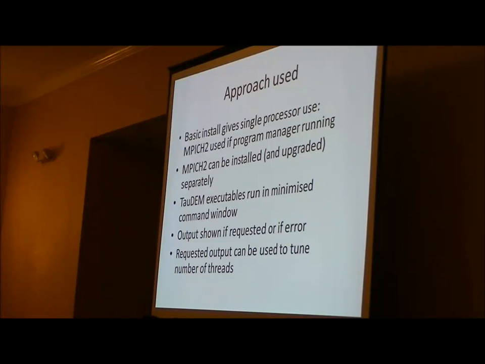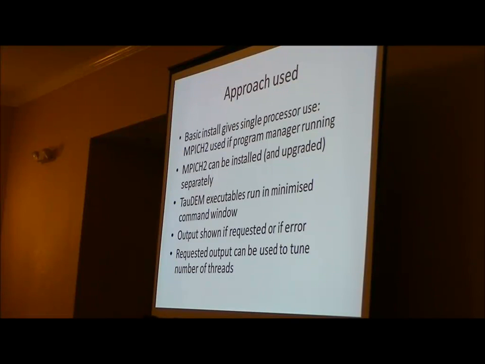So now the approach is that if you just install MapWindow and don't do anything else, you'll get the single-thread use of TauDEM. There's a little more going on at the bottom than that, but essentially you don't have to install MPI at all. You do have to have some of the DLLs around or it won't run, but that's quietly done. So if you or your customers don't want MPI, you don't have to do anything.